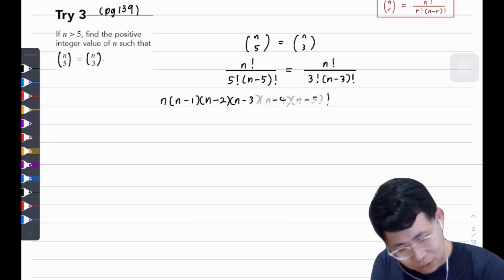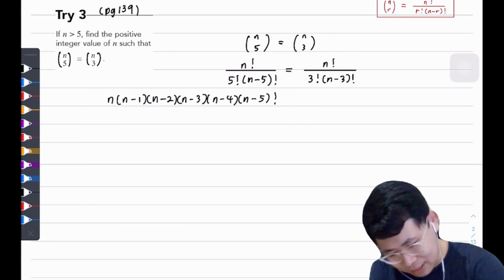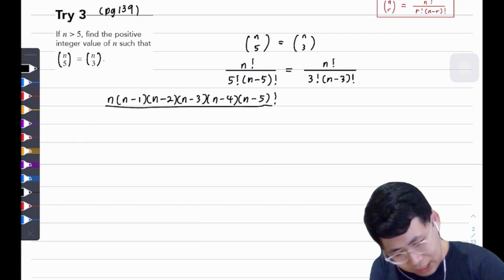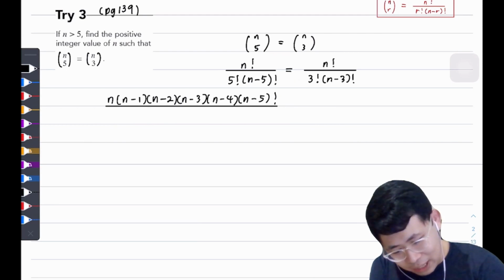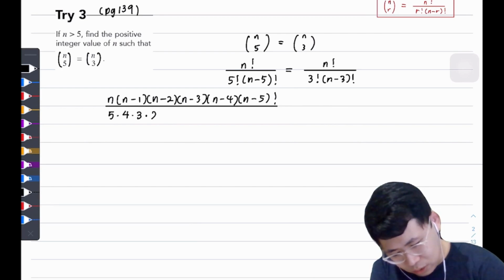I put this on the left hand side, and the whole thing I divide by 5 factorial, let me expand this out first: 5, 4, 3, 2, and 1, and I multiply with n minus 5 factorial.